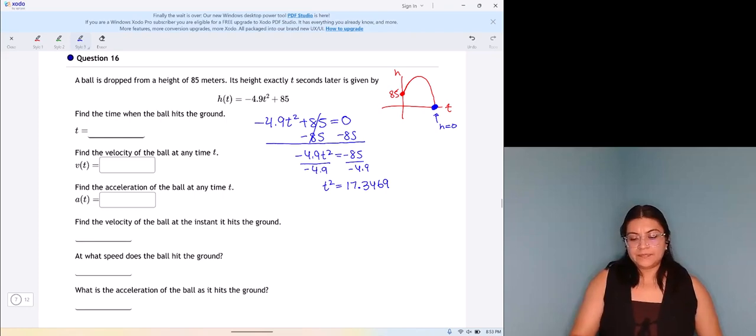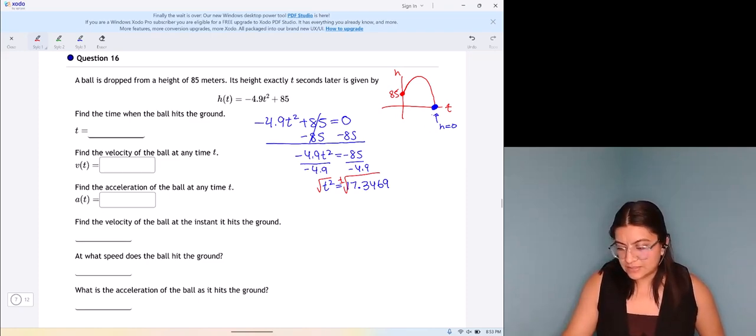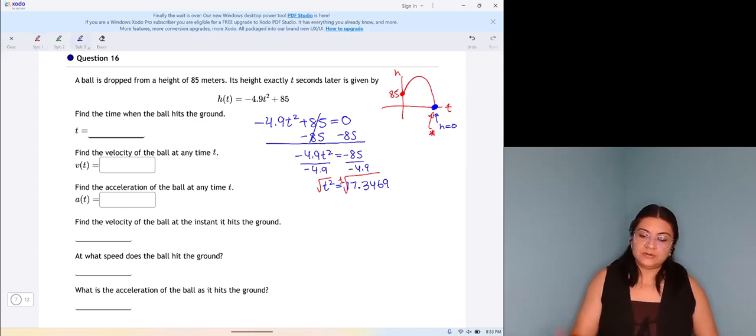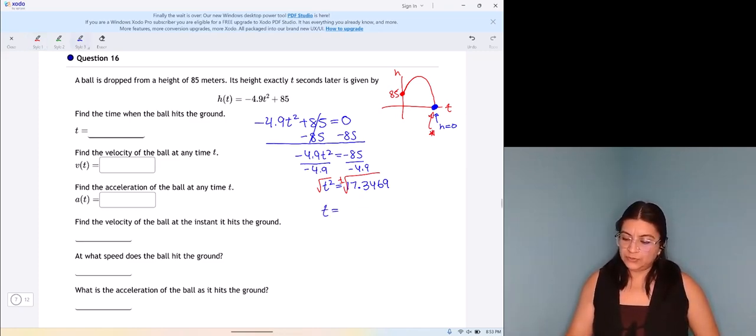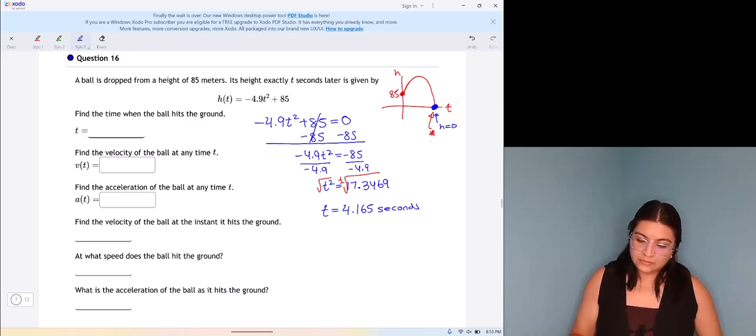T squared. To get rid of the square, we take the square root on both sides, plus or minus. But since we're talking about time, it's going to be positive, so you can ignore the negative. T equals the square root of 17.3469. That is 4.165, and that is in seconds. So the ball hits the ground at 4.165 seconds.